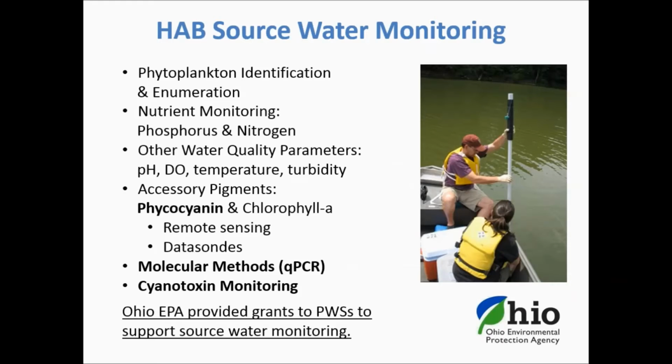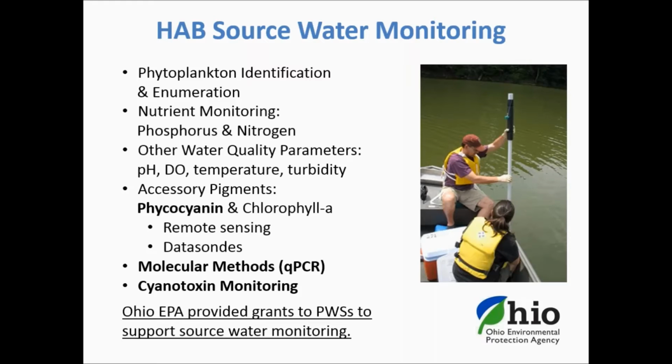Even though our rules require routine raw water monitoring, we still encourage water systems to consider additional source water monitoring to guide reservoir management strategies and treatment optimization. Phytoplankton, and especially cyanobacterial ID and cell counts, nitrogen and phosphorus monitoring, and other raw water quality monitoring such as pH, DO, temperature, and turbidity can be very helpful.